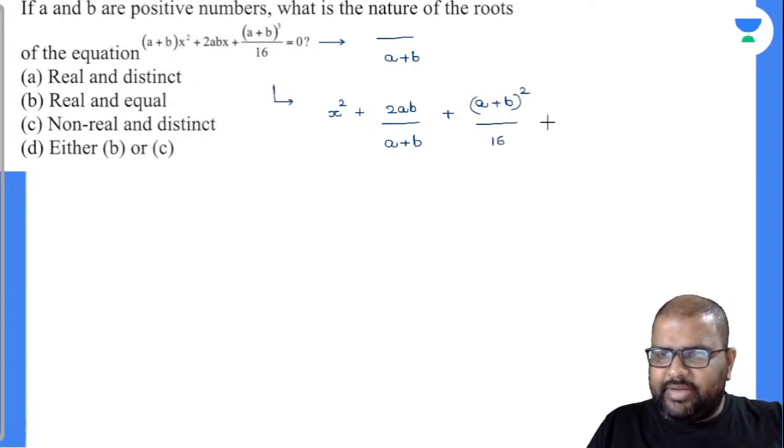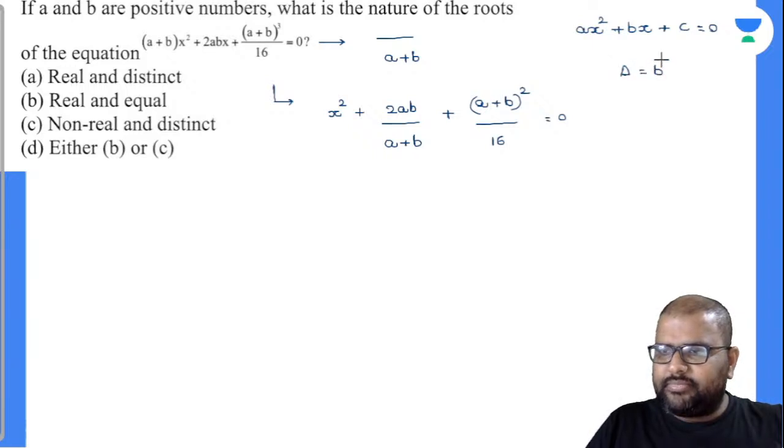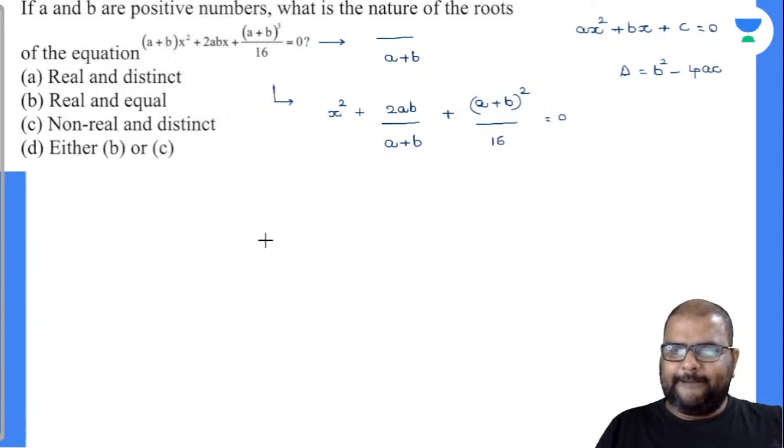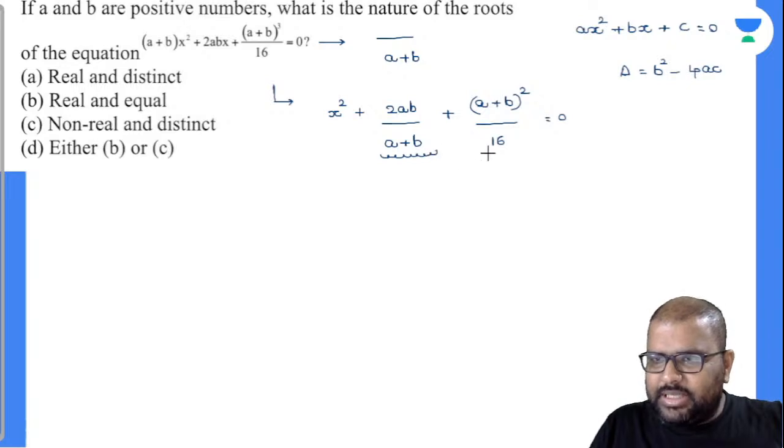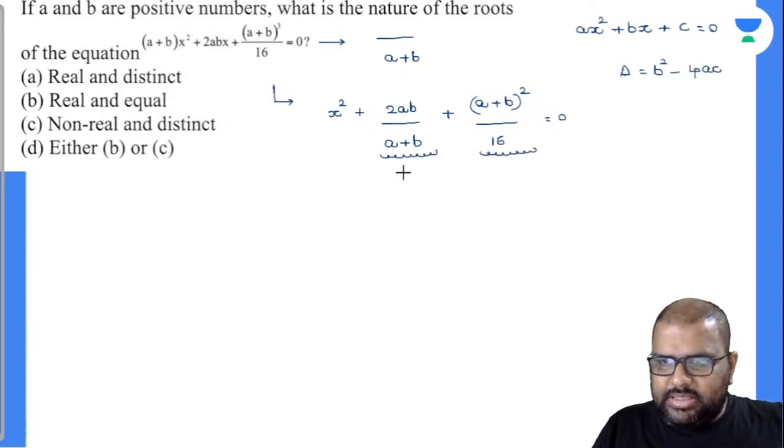Now this is the equation where you have to find your discriminant value. Normally a general quadratic equation is in the format ax square plus bx plus c is equal to 0, and the discriminant is delta equal to b square minus 4ac. Closely observe there. Your b value is this, and your c value is this.